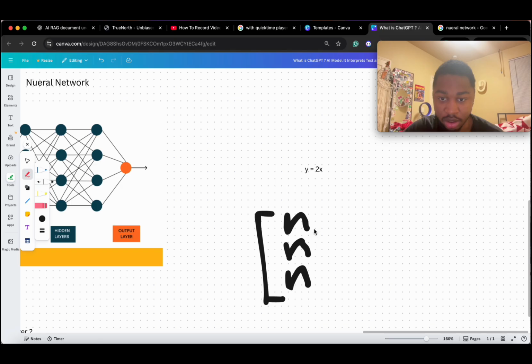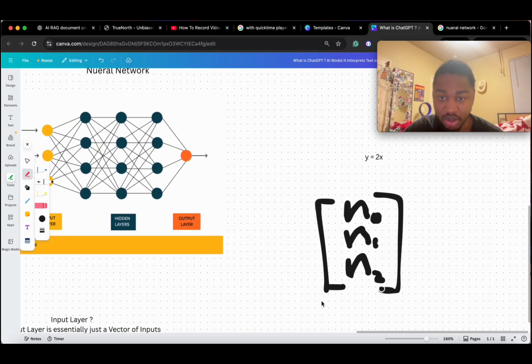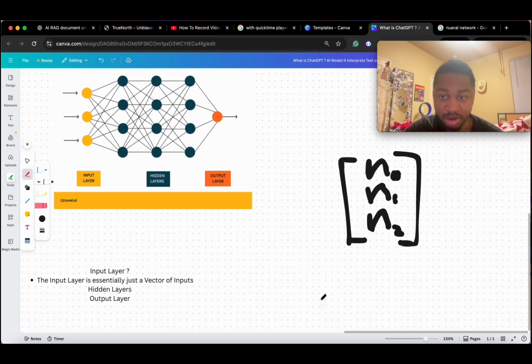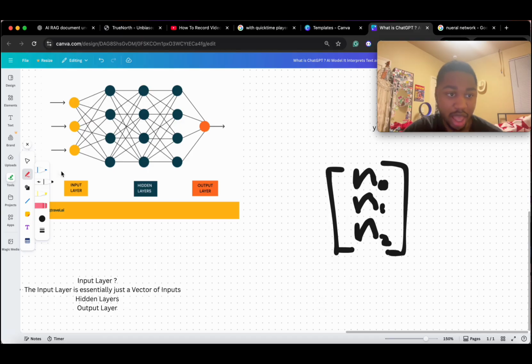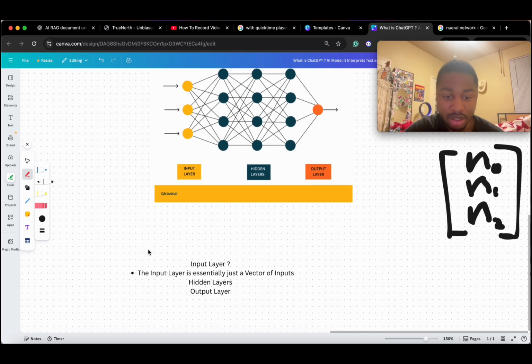And then a subscript 0, subscript 1, and subscript 2, right? This is essentially what I'm talking about. It's a vector of inputs, right? Now I said N, but it probably would have been more clear if I said I, but this is a general interpretation. You could think of it as a vector of inputs.